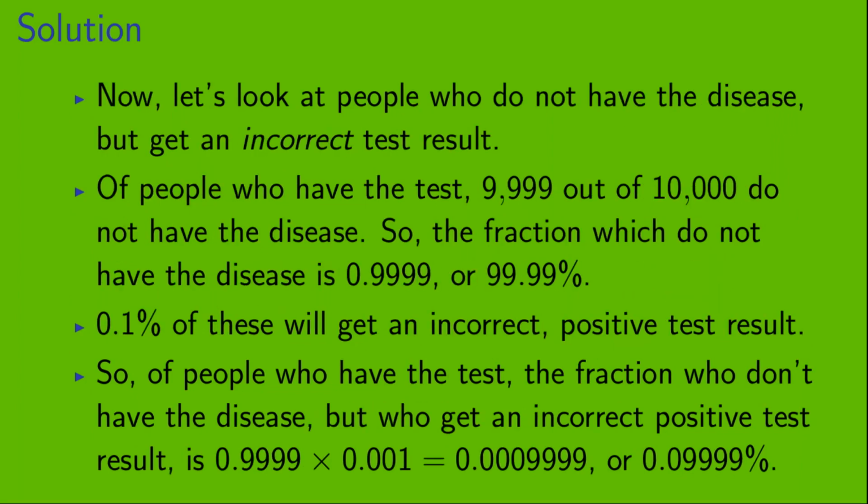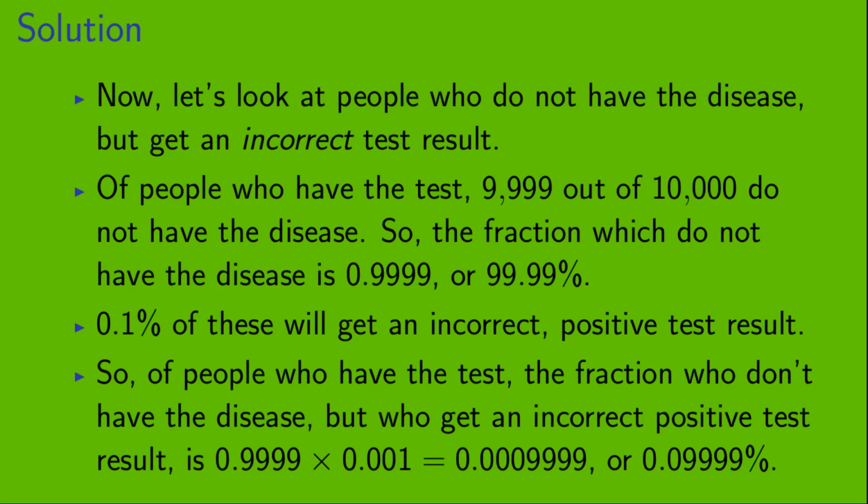Now, let's look at people who do not have the disease but get an incorrect test result. Of people who take the test, 9,999 out of 10,000 do not have the disease. So the fraction which do not have the disease is 0.9999, or 99.99%.